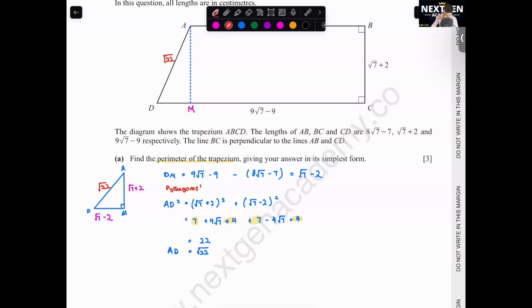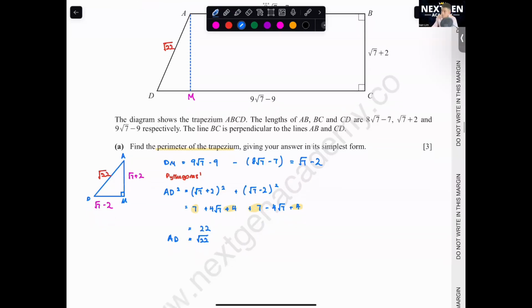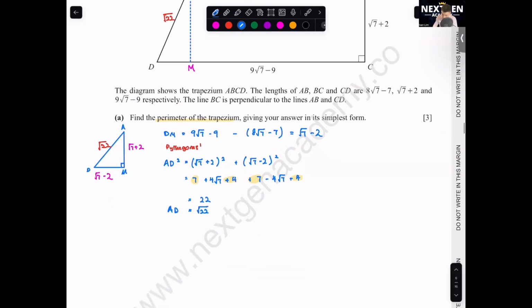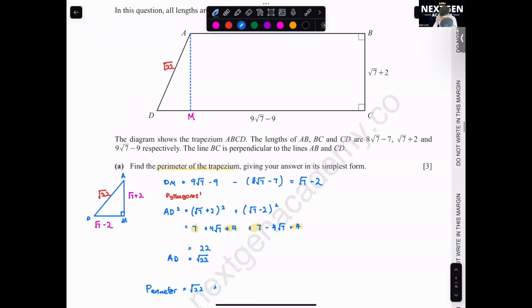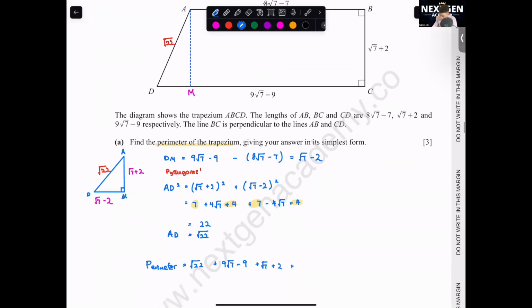Add it all up together, perimeter. This one because we are using without calculator, without means you are not gonna find it in terms of decimal place. You're gonna leave it in the exact value when you see the word without calculator. So perimeter is equals to root 22 plus 9 root 7 minus 9 plus root 7 plus 2, then plus the top part 8 root 7 minus 7.